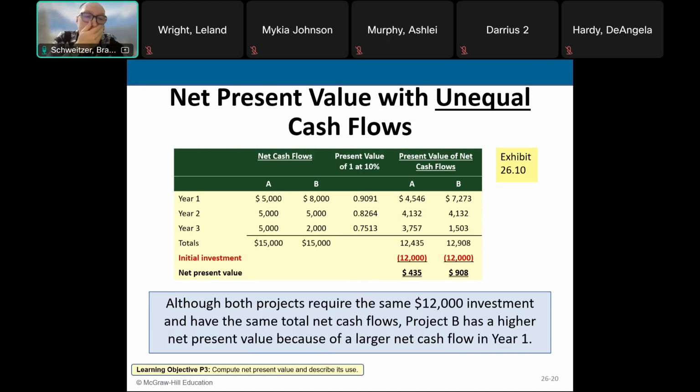Darius, go ahead. I was just going to say, looking at the years from 1 to 3, it looks like the depreciation is the difference to me. It does look that way, doesn't it? We typically don't take the depreciation amount into consideration because we're only looking at cash flows. As you know, depreciation expense is not actually cash.